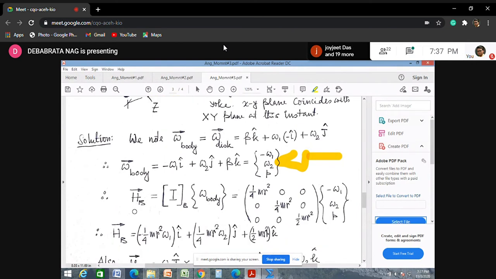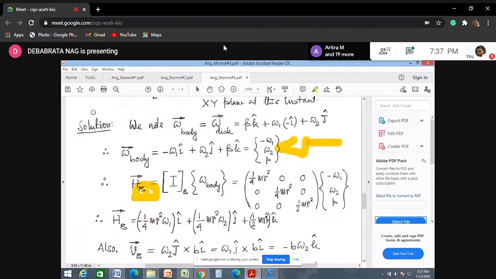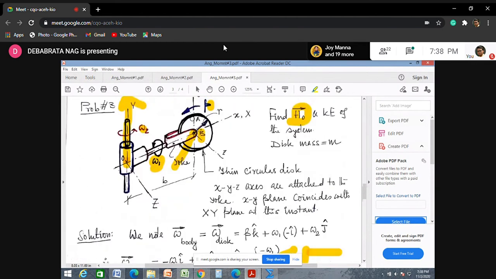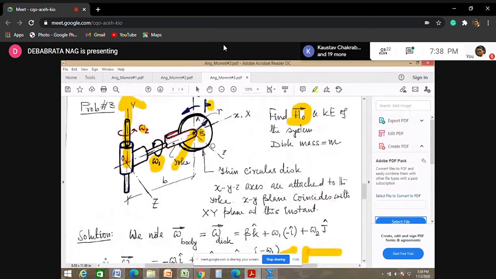So B here is representing the center of mass. B is the center of mass here. So H bar C, where we said C, that point C is now B in this problem. So I need to see this H bar B should be equal to I B omega B. Now it's good to write this point here, just to give you the emphasis that you need to calculate the inertia matrix of the entire system with respect to the point B. So for the disk, it is very simple.